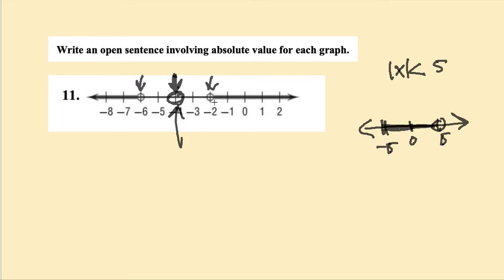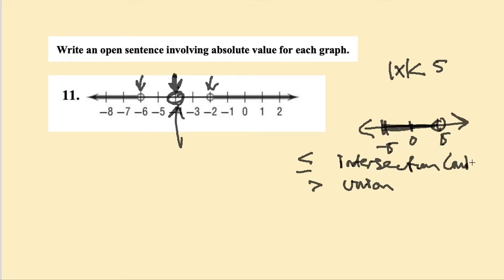The next thing you need to recognize is that for the most part, whenever you have a less than or equal statement, that usually means you're going to have an intersection. When you have a greater than statement, you're usually going to have a union. The intersection means you're going to have something with two endpoints and it's filled in the middle.